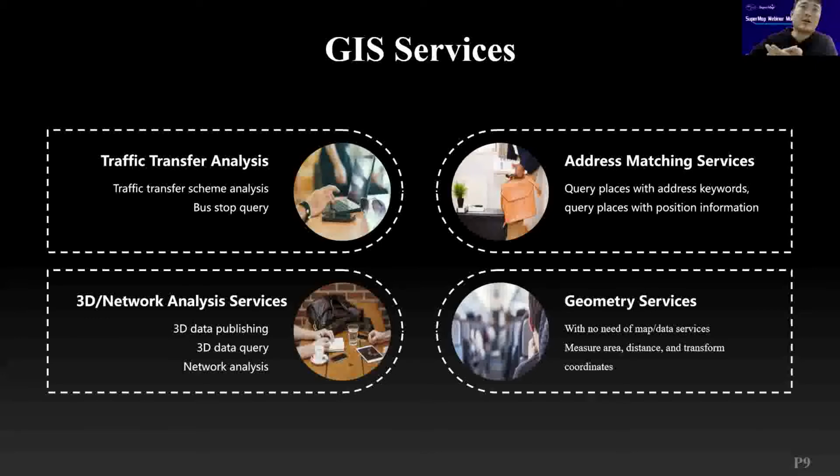We want to go from point A to point B, and which road or path is the best one, the one with the lowest cost. For this requirement, we need to use network analysis.